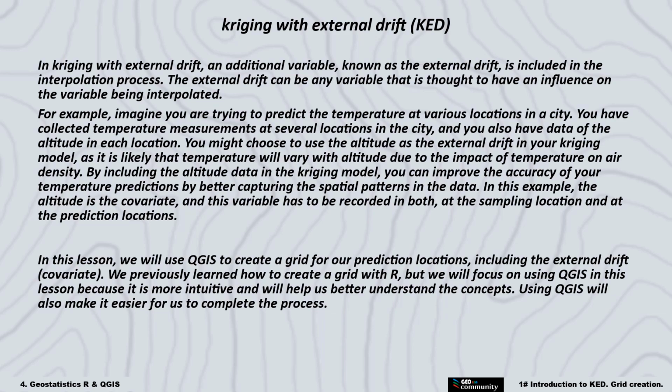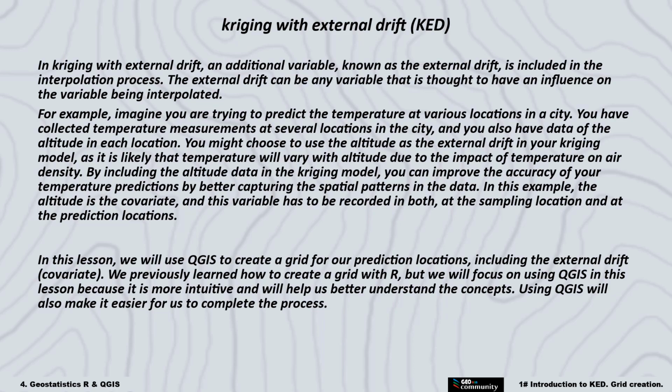Because when we are working with R, sometimes just writing the code, it is not easy to understand what we are doing, right? But when we are using QGIS, you can visualize everything, and that helps a lot to understand what we are doing. And in this case, for kriging with external drift, the grid is quite complex, and with QGIS, you're going to understand very well all the concepts.